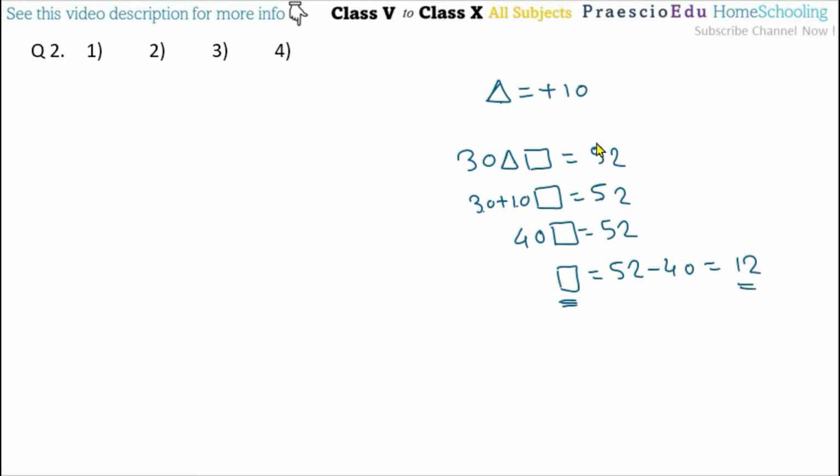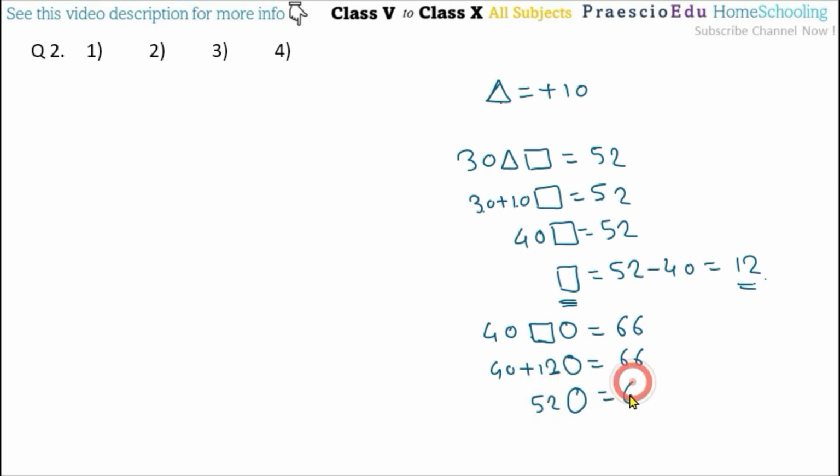So this value we will put in another expression with 40 and then this square and the circle is equal to 66. So 40 plus this 12, square's value is 12, we already found out, and then this circle is equal to 66. So this is 40 plus 12, so that is 52. Then this circle is equal to 66.